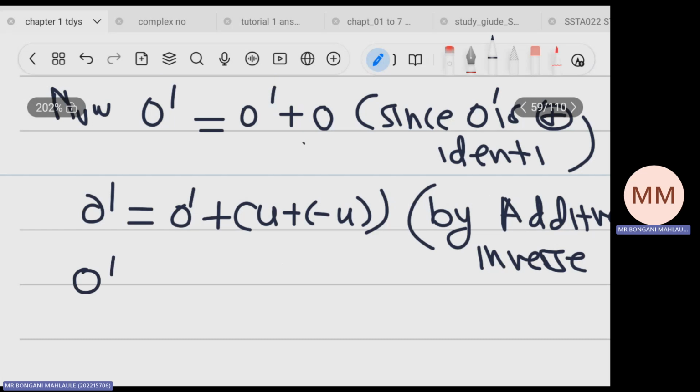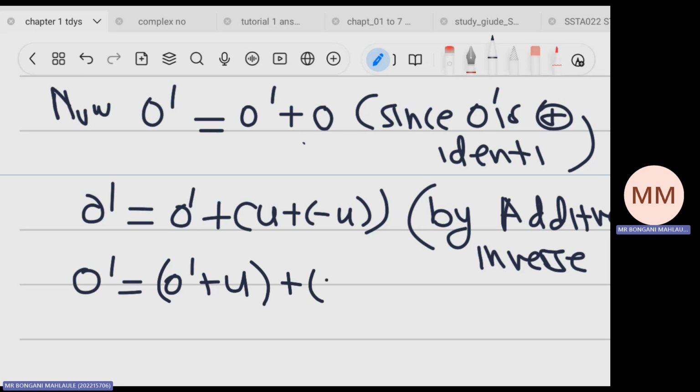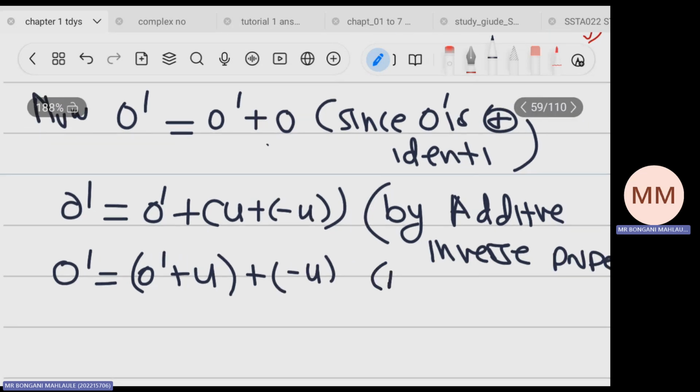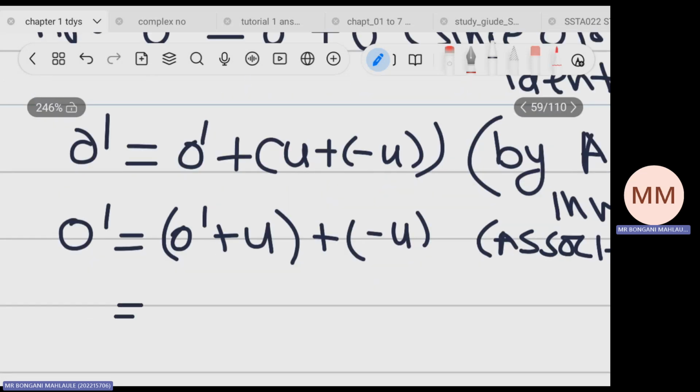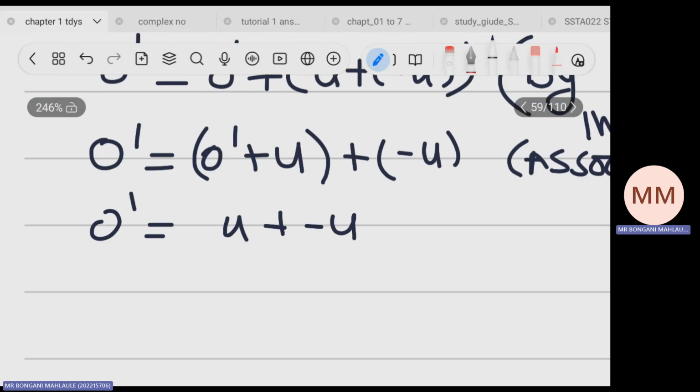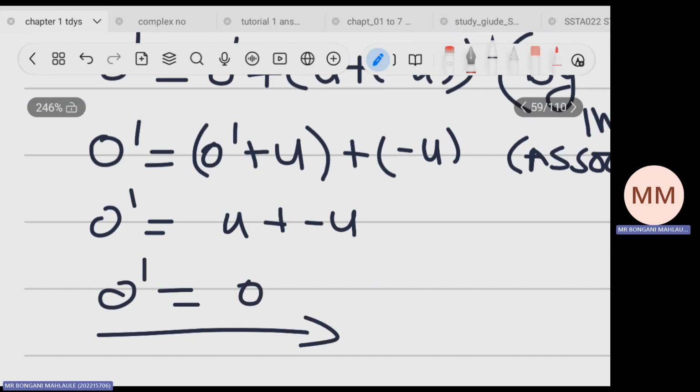Then this will be 0 prime is equal to 0 prime plus U, plus negative U. So here we're going to use the associativity property. So you must always write these results by law of associativity. Then this will be U plus negative U. Then this is 0, 0 prime.